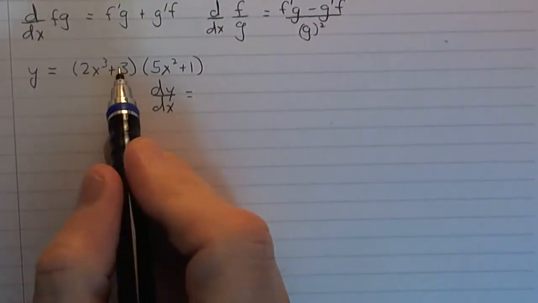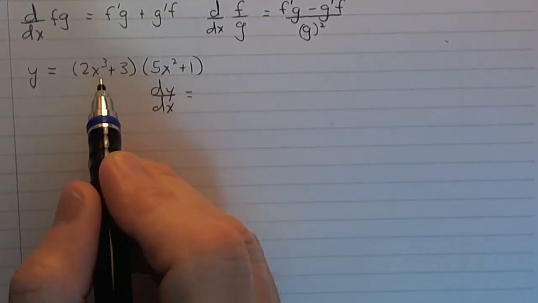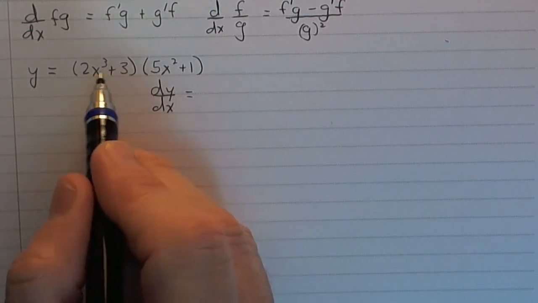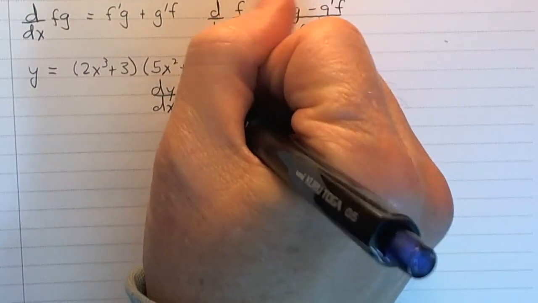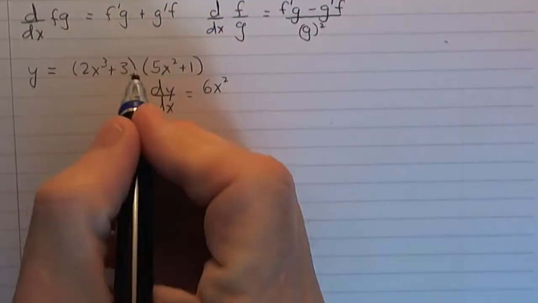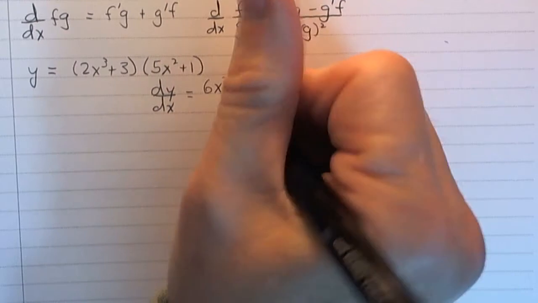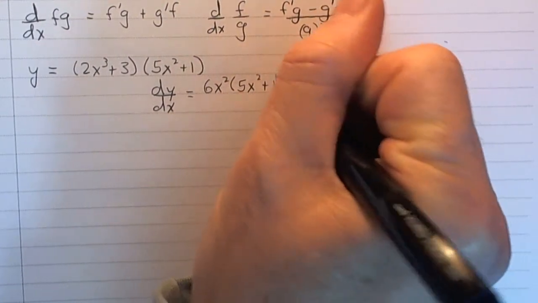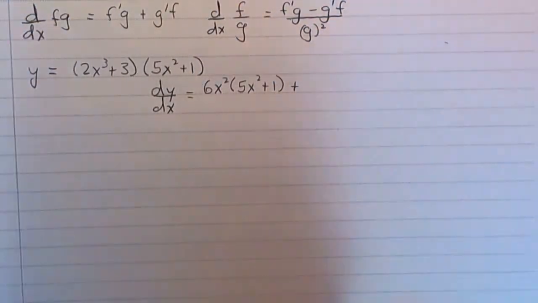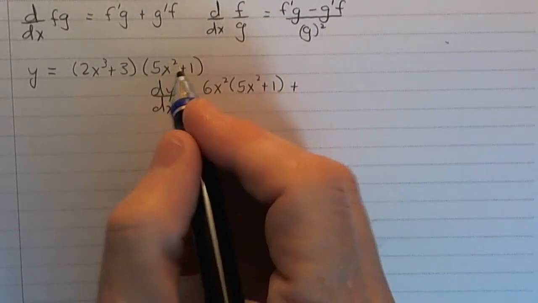We got the derivative of the first, so we're just looking at this first function here. Derivative of this first term is going to be 6x squared. Now the derivative of 3 is 0, so that's all we have there. Derivative of the first times the second. Okay, there's that. Plus, okay, derivative of the second.